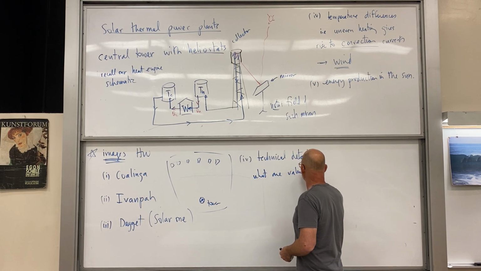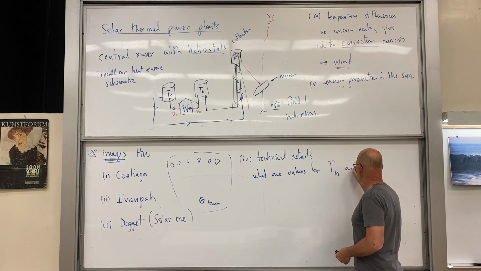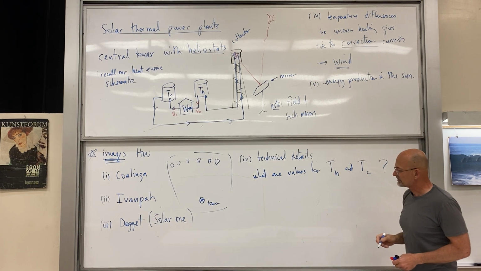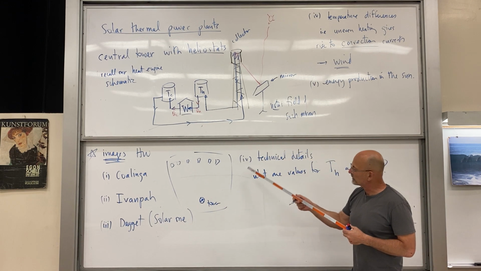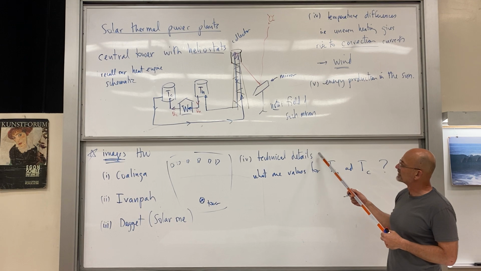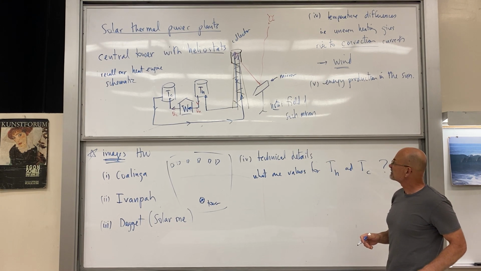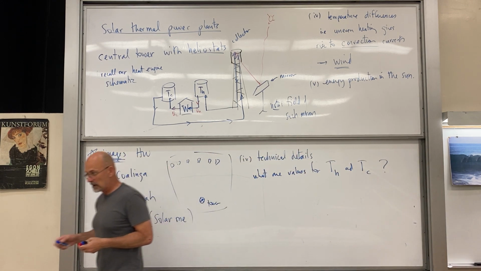So let's write, what are the values for TH and TC? I remember for Solar One, they were available. See what's going on out there in terms of these solar thermal power plants. That's our major project. Let me consult the clock.